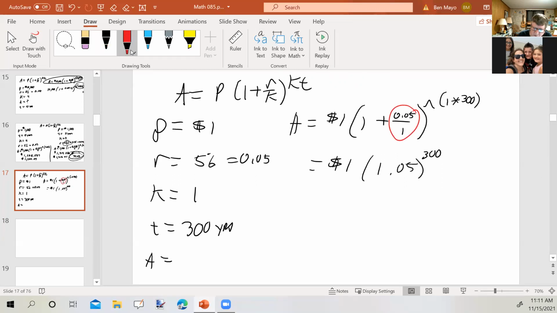This is just going to be 0.05 added to 1, which is 1.05, and 300 times 1 is 300. So I can simplify that quite easily before I put it into the calculator. 1 times parentheses 1.05 raised to the 300th power. And this is what I get.